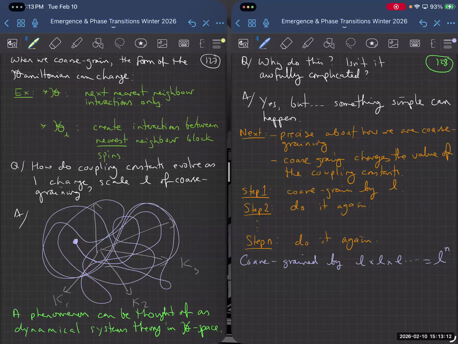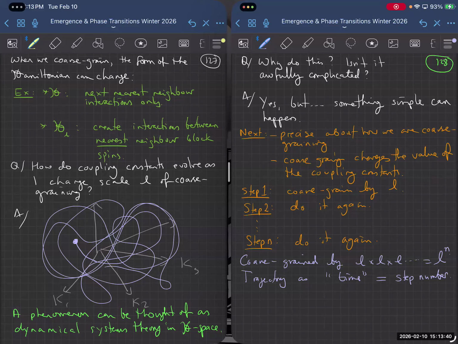So you can think of each of these steps of coarse graining as being places in this trajectory. So then the idea is that you can think of the trajectory as something like a fictitious time. Okay, so each coarse graining step, iteration 1, iteration 2, iteration 3, each of those steps, this time is like the step number.